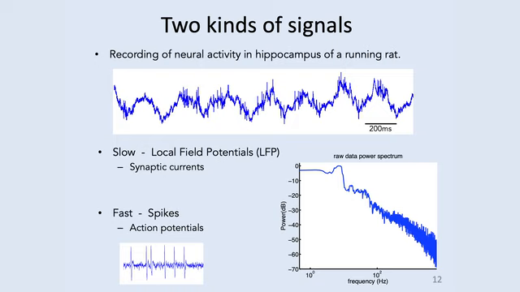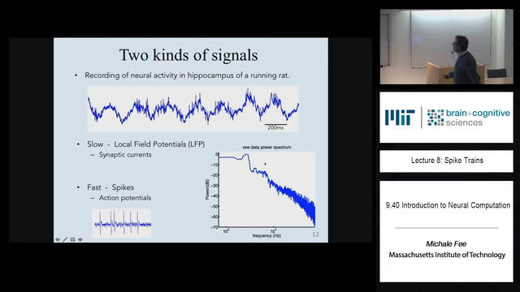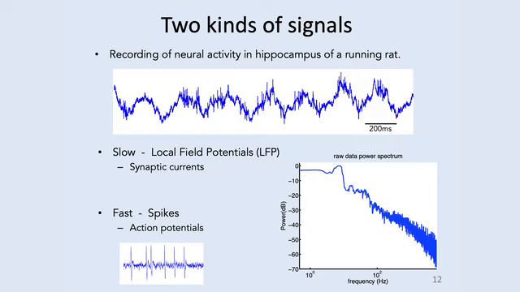If we were to look at the amount of power at different frequencies in this signal, using a technique called measuring the power spectrum, which we will cover in more detail later in class, you can see that there is a lot of power at low frequencies and much less power at high frequencies. So this is a representation of the amount of power at different frequencies.